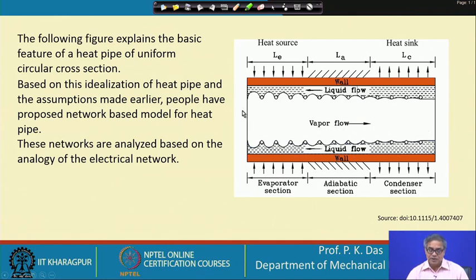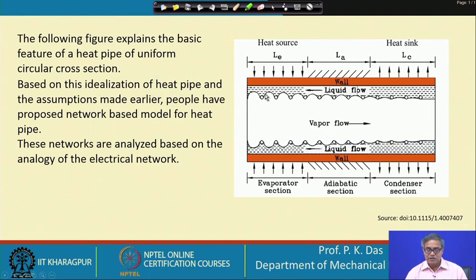So, this is the vapor flow area, and in the condenser region the vapor will be condensed, and this liquid will be transported by capillary action back to the evaporator, and the liquid flow is in a direction opposite to the direction of vapor flow. Another thing I would like you to see minutely, you see the liquid meniscus.